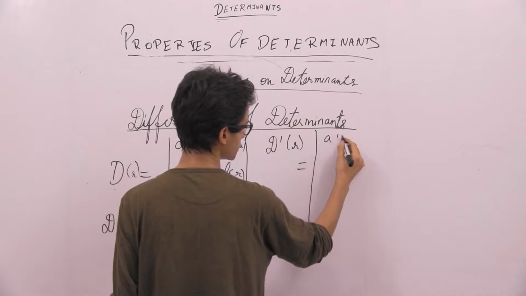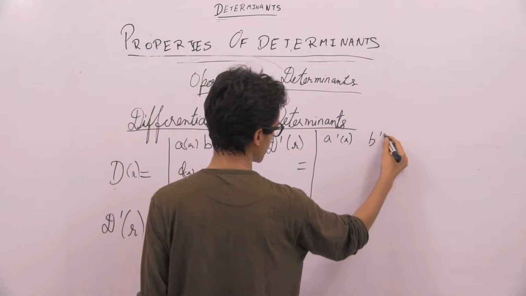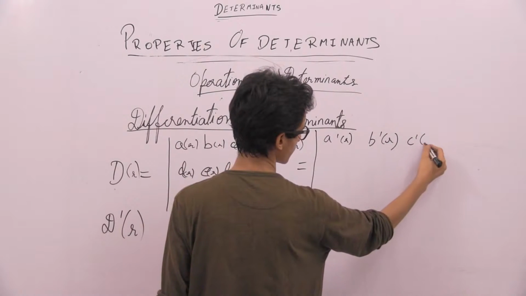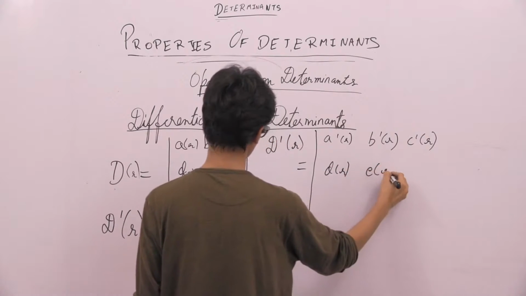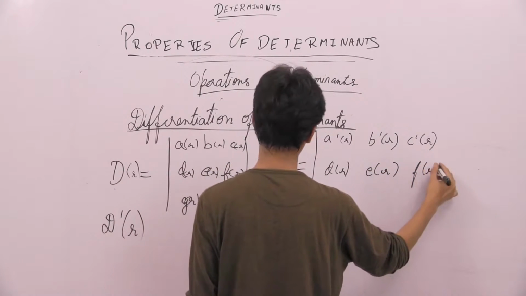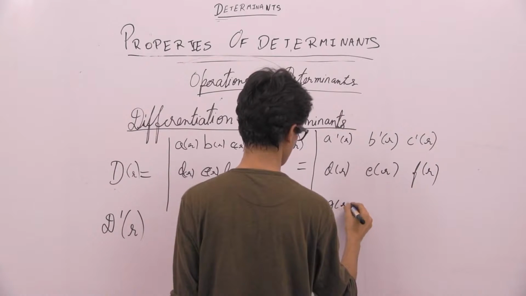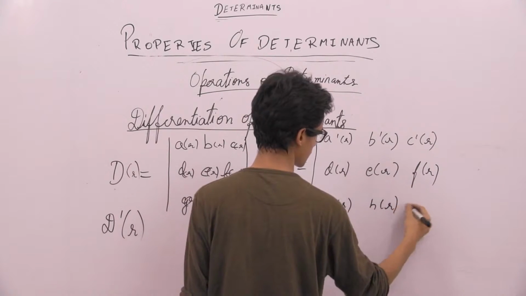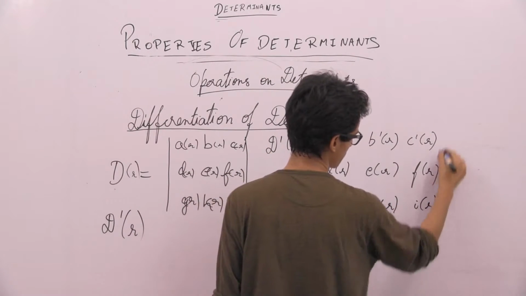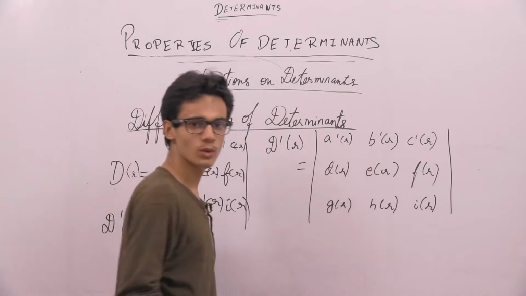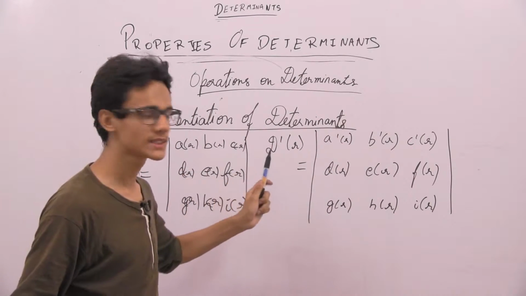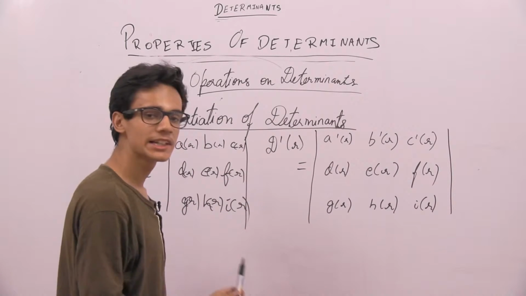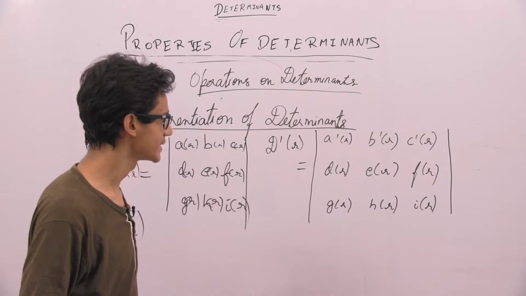So this becomes equal to a dash r, b dash r, c dash r, d r, e r, f r, g r, h r, i r. So what have we done here? We have just taken the derivatives of all the values present in the first row and left all the elements present in the second and third row as it is.